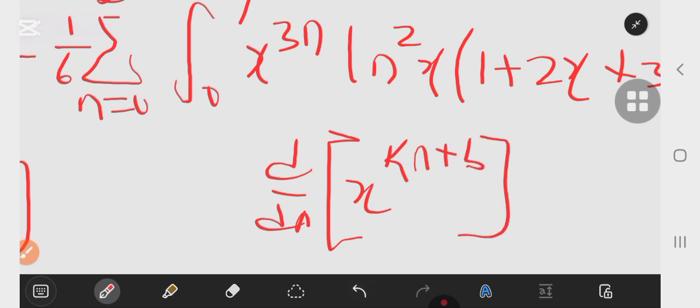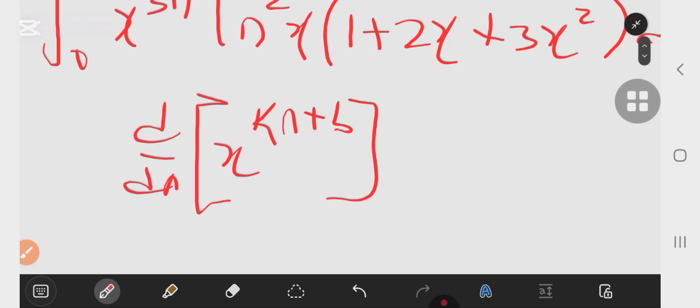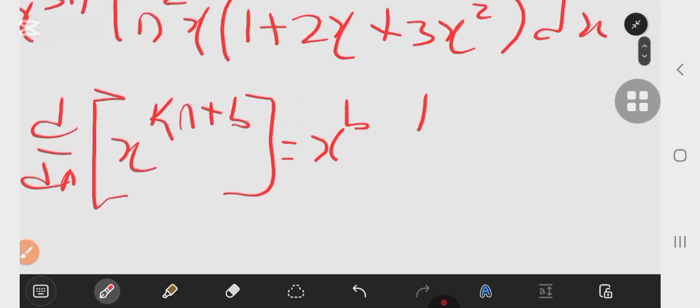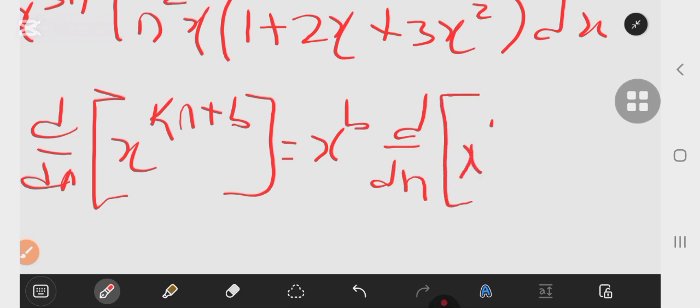Take note, nothing concerns b here, so this is the same as x to the power of b multiplying the derivative of x to the power of kn.